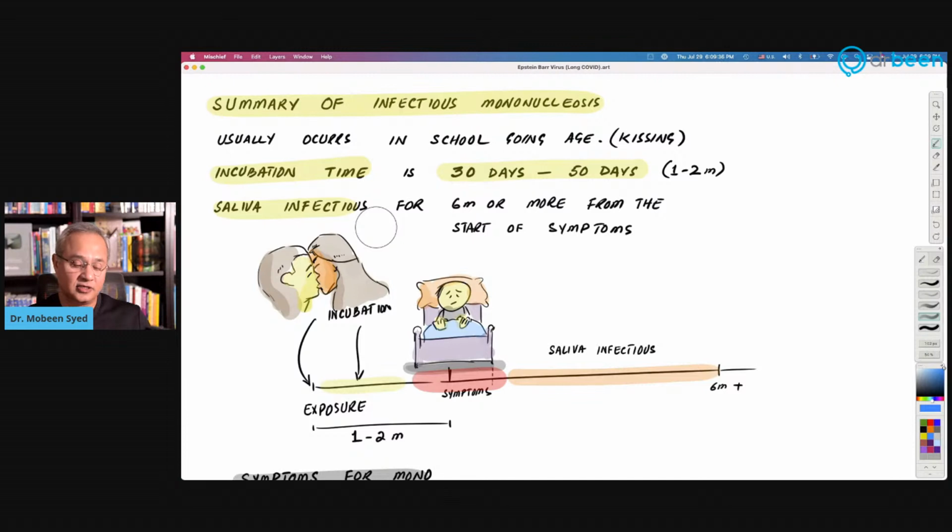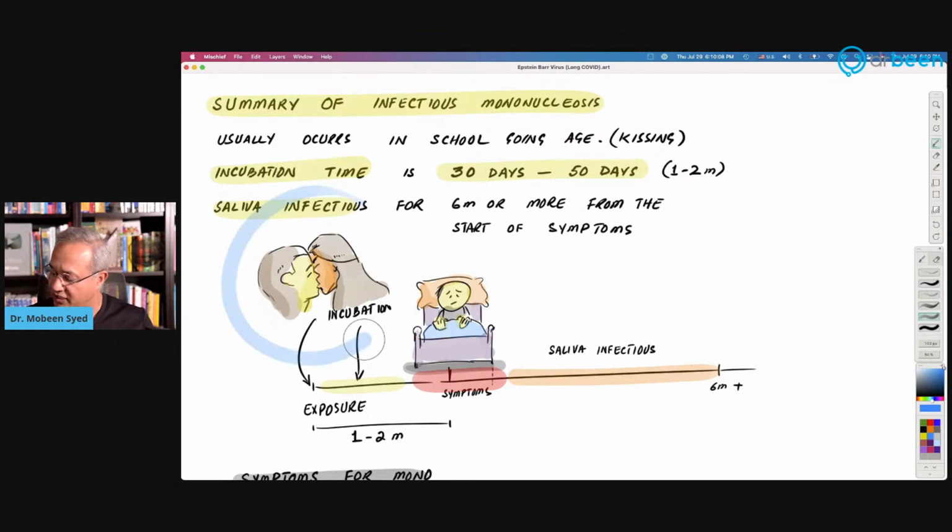So that means using each other's toothbrush, or let's say two folks came together, they just became friends, and they became closer friends. They started dating, they started being together, and they started using each other's toothbrush. It is possible a person who had mono 4 months ago might still have EBV in their saliva. So it can be 6 months or more that the shedding in saliva continues to occur, or the saliva is infectious.